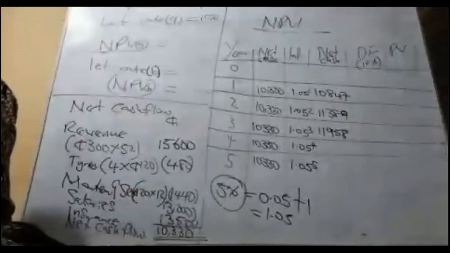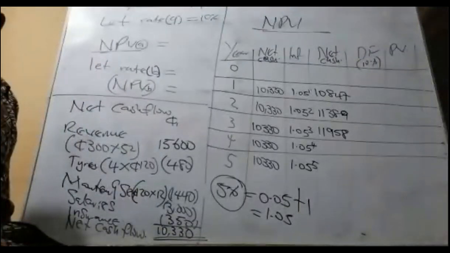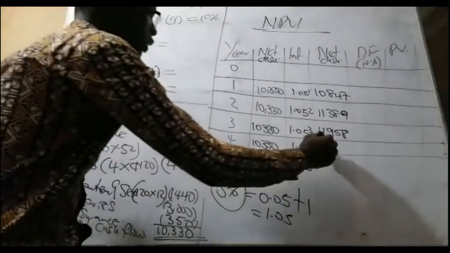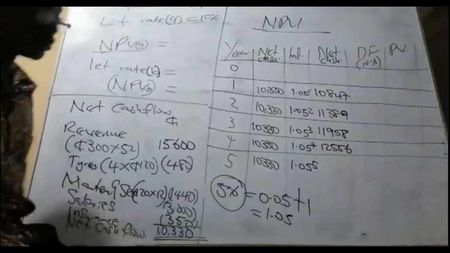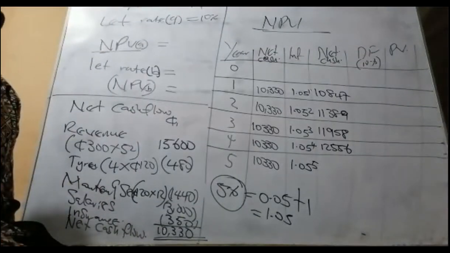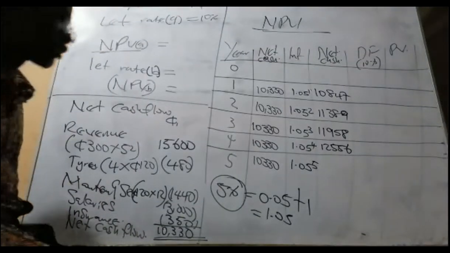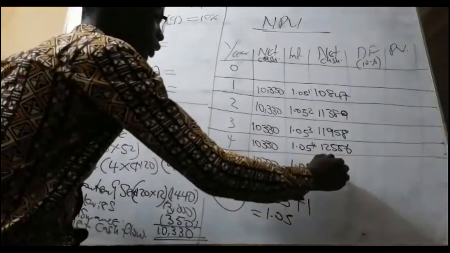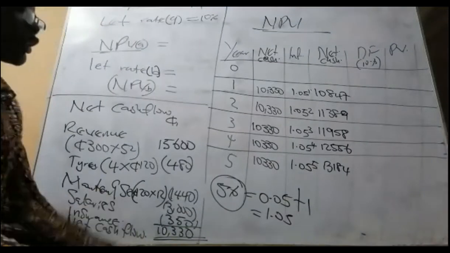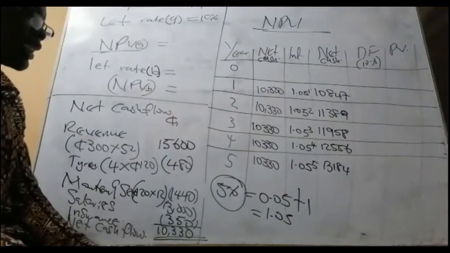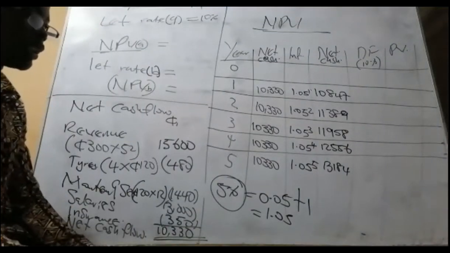Then 12,556. Then 13,184. Great. So these are the net cash flows after the inflation.